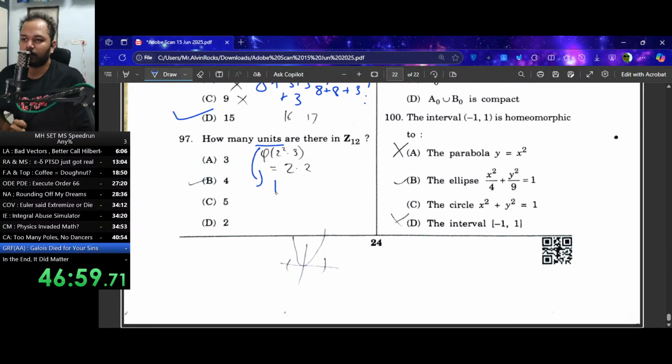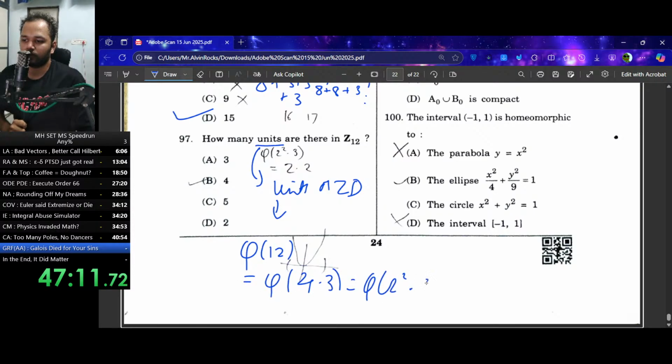Either there are units or zero divisors. For units we have phi of 12. 12 can be written as 4 into 3, which is 2 squared into 3, so 2 into 2, which is going to be 4.